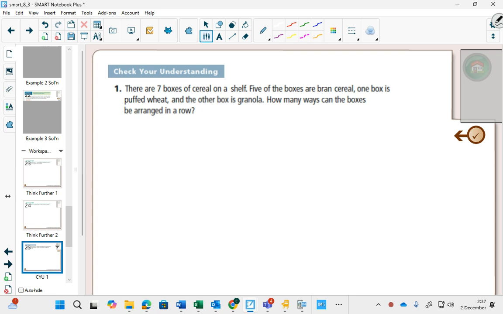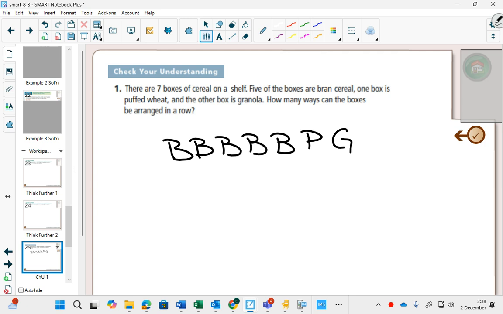Well, because there's 5 boxes of the same thing, we have an identical objects question. We could represent this by saying the bran is B, B, B, B, B, puff wheat with P, granola with G, and this is like rearranging the letters of Mississippi, except this time the word that we have is BBBBBPG.